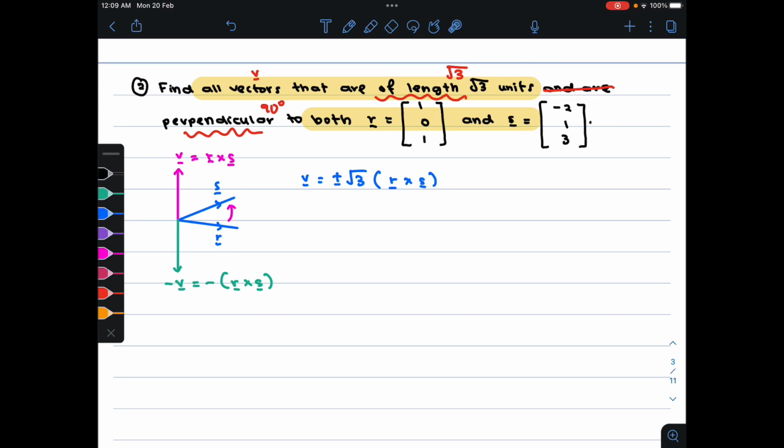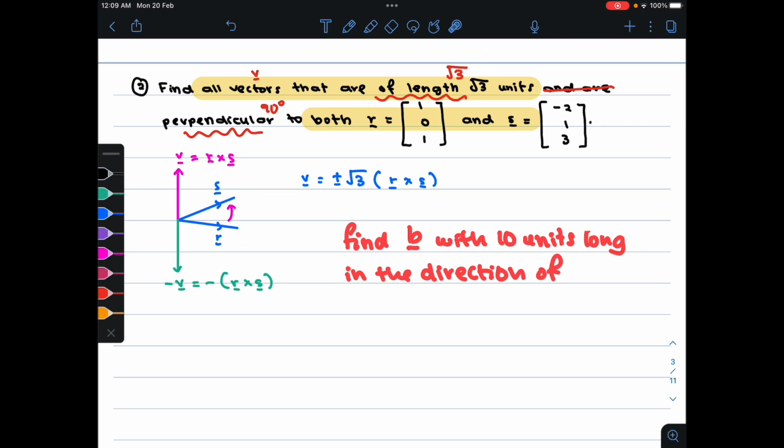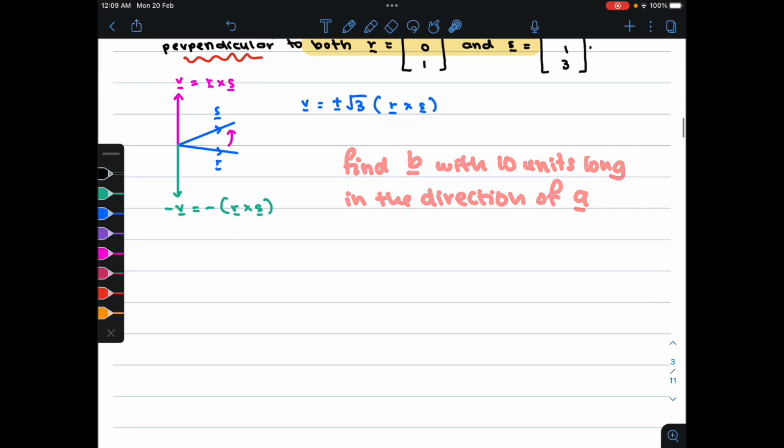So just like in 5.1, there was a question that says you need to find vector B with 10 units long in the direction of vector A. So this means that you have vector A, and you need to find vector B, which is 10 times the vector A. So we're going to consider vector A as one unit.